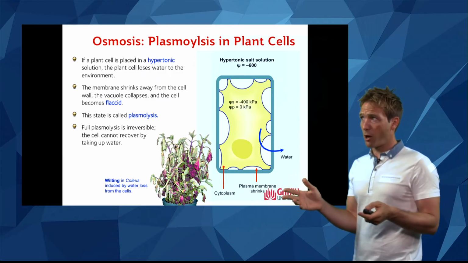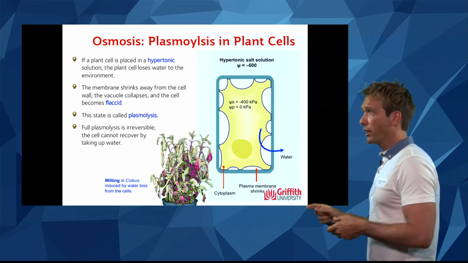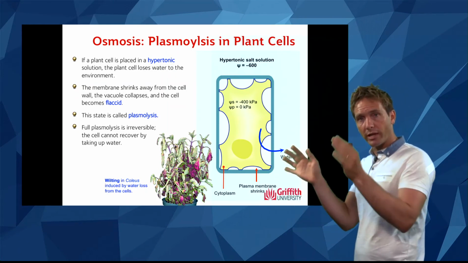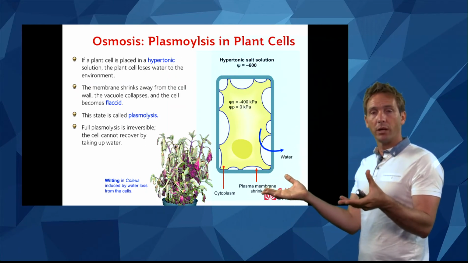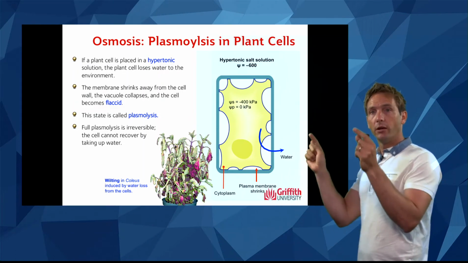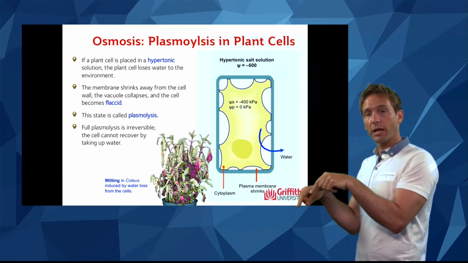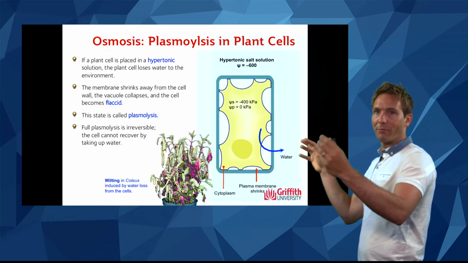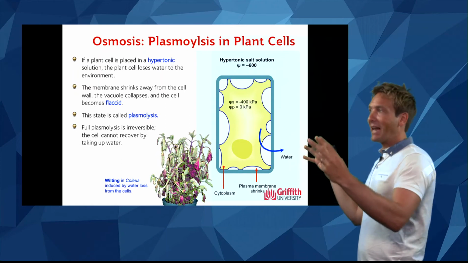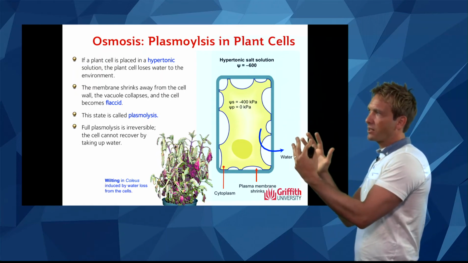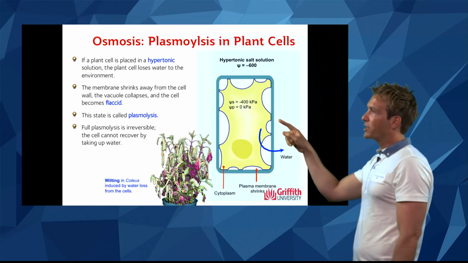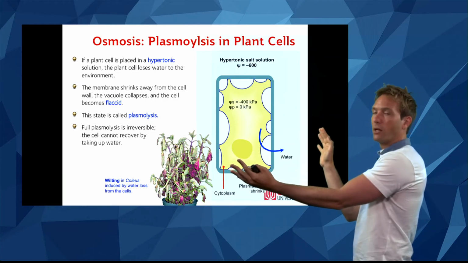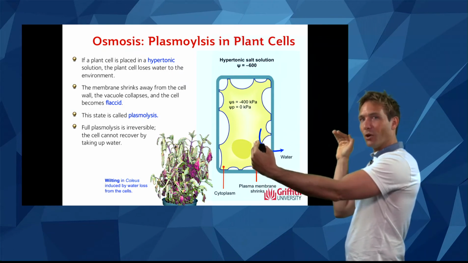Hypertonic just means that if the solution around the outside has more salt in it than the solution inside the cell, in the cytoplasm, the water is going to move out of the cell into the surrounding environment. As a consequence, it's going to suck the cell membrane inwards, and you're going to see this kind of spikiness in the cell membrane. Usually the cell membrane would push up against the cell walls, but it will actually suck inwards.